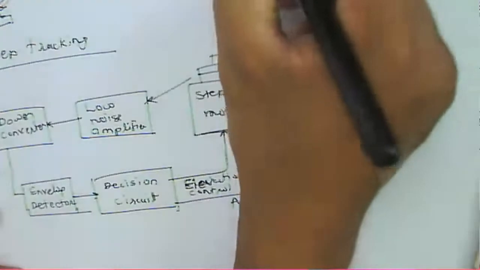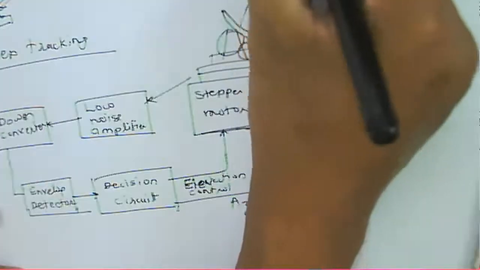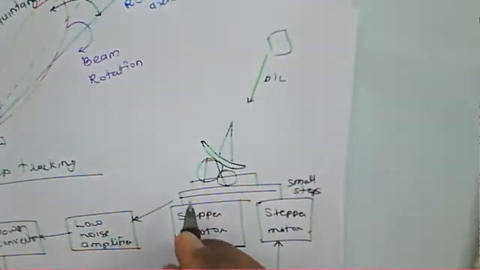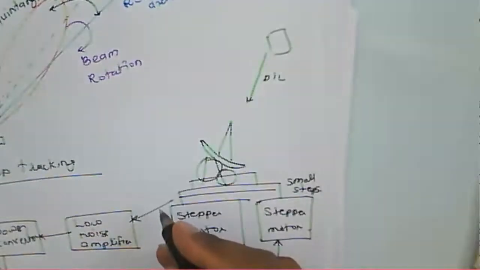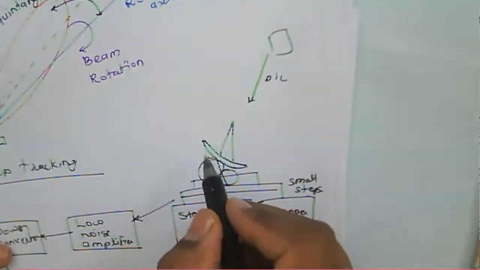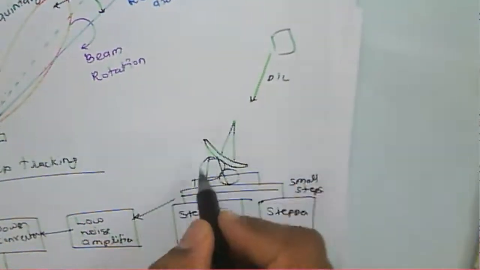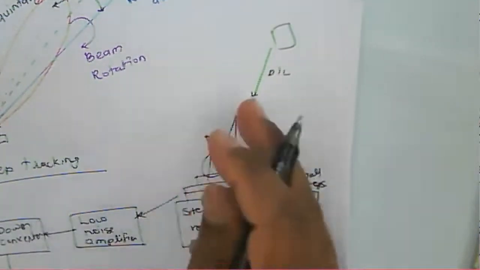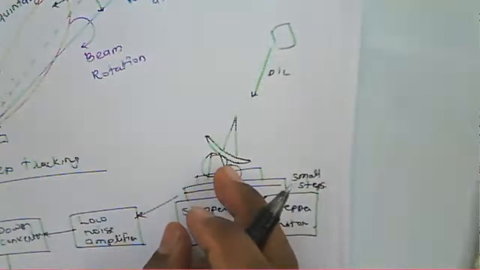Now a satellite sends a particular signal, that is the downlink signal. So we will receive the signal, and that signal strength we receive at different positions of that antenna.